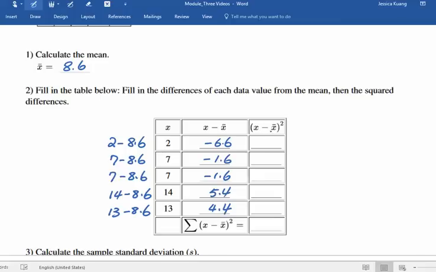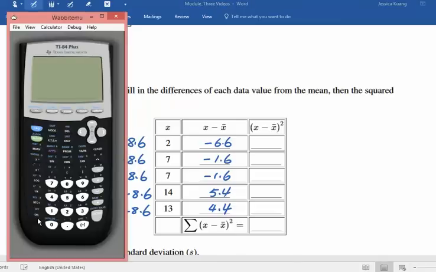Now the next thing I'm going to do is square the difference. Let me do it properly. To square this whole thing, notice there is a parenthesis over here, so I will square negative 6.6. Notice this is the negative sign, this is the minus sign. They are different from each other.